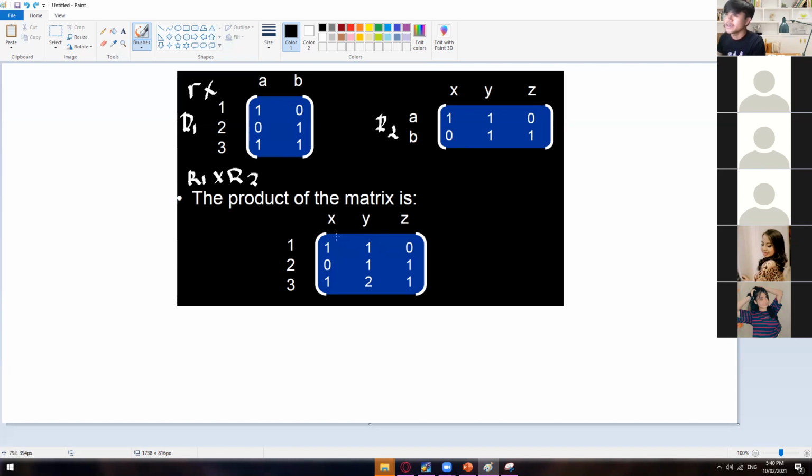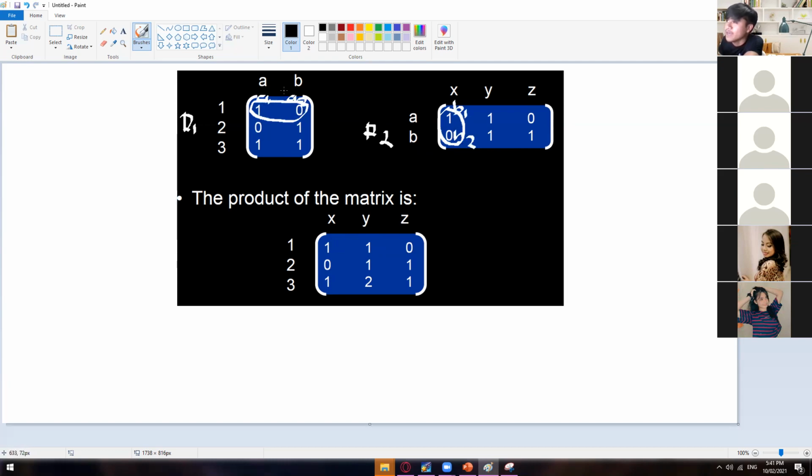So how did we get this 1, 1, 0, etc.? Okay, so here's how you do it. Just remove those. So this is your R2. So you have to multiply this row to this column. Basically we have their own namings. We have the A1, A2, and then we have the B1 and then B2.